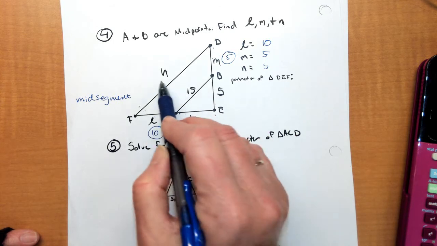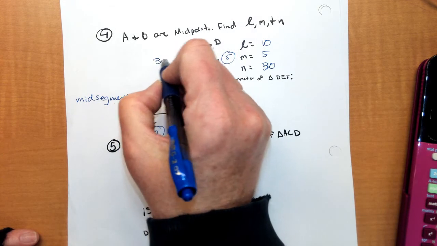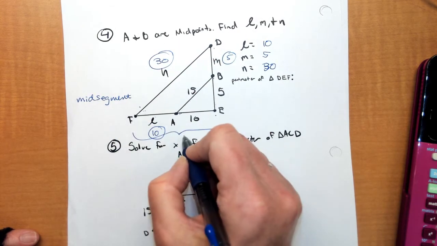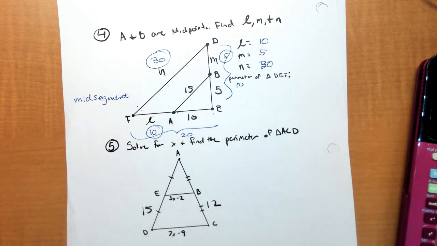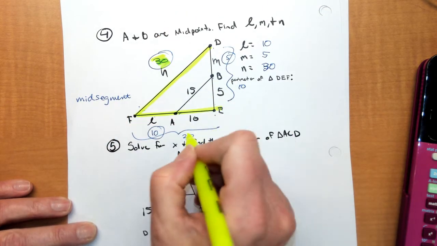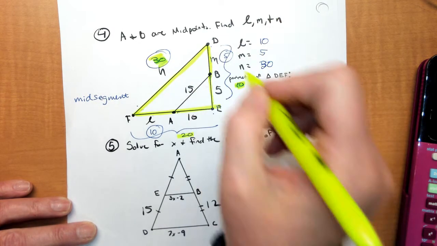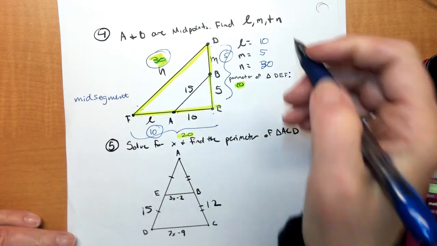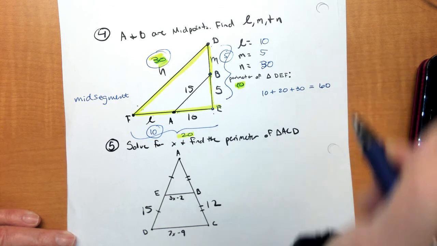If I double 15, I'll get 30, which is this side length. So I have 30, 20, and 10 for each of the side lengths. So when I do the perimeter, this side is 30, this side is 20, 10 plus 10, and this side is 10, 5 plus 5. So the perimeter is going to be 10 plus 20 plus 30, which is 60.